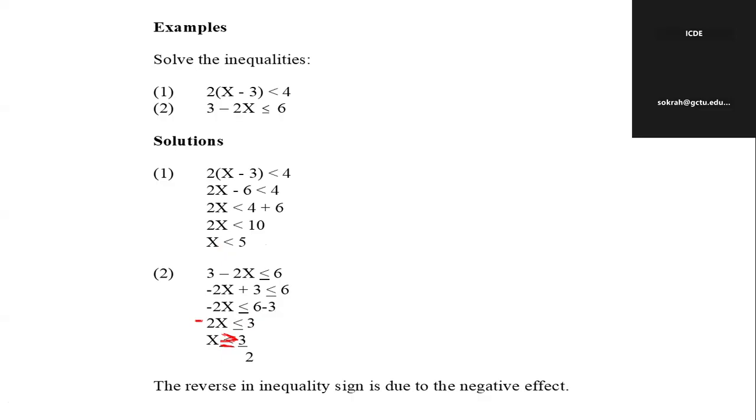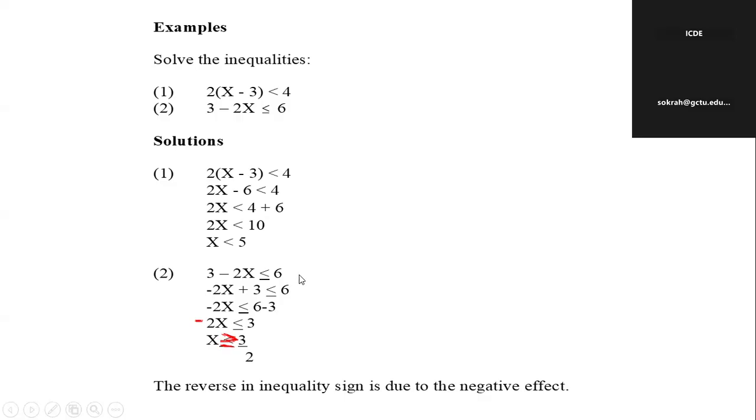So we understand this. So let's look at the second example. We have 3 minus 2x being less than or equal to 6. Once again, we want to make x the subject, and so we'll group like terms. The 3 here we'll have to move across to the other side, and once it crosses, it becomes negative.